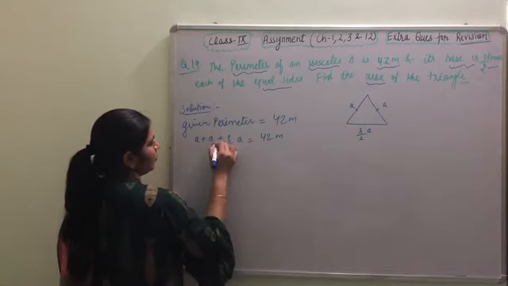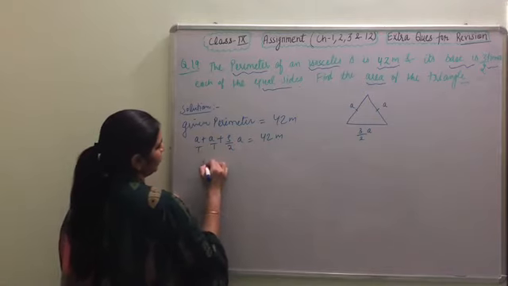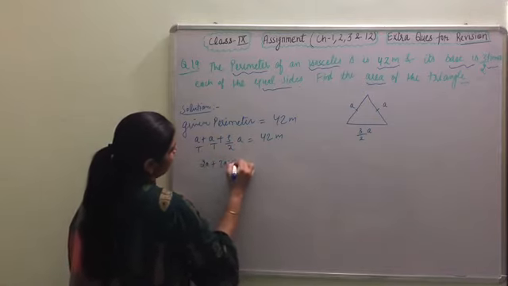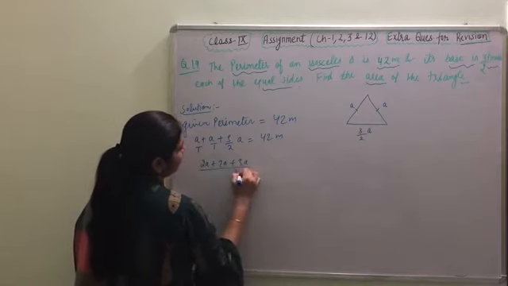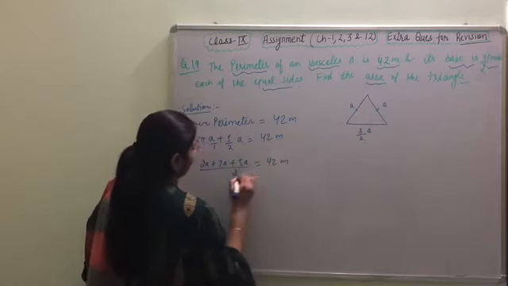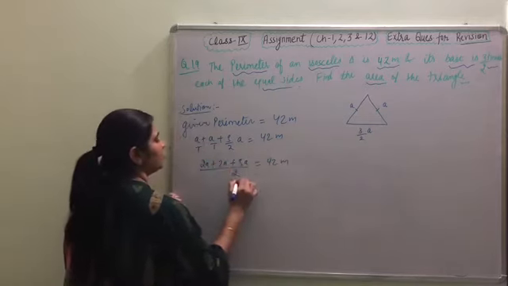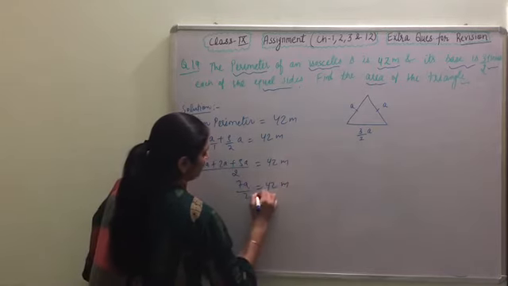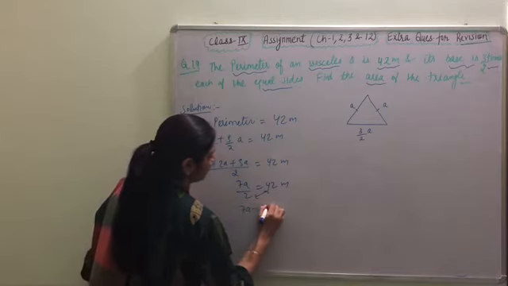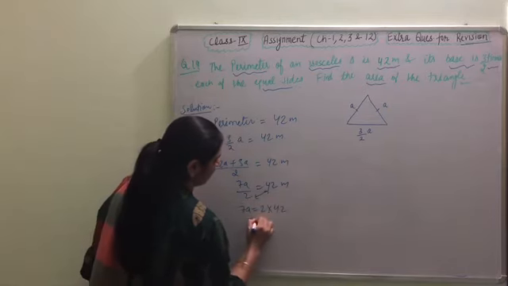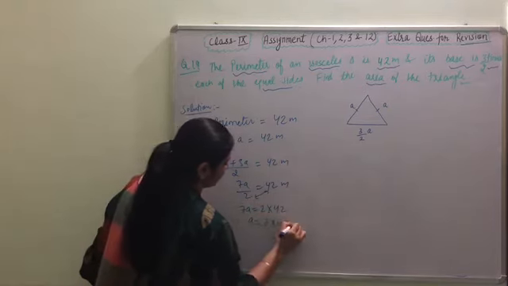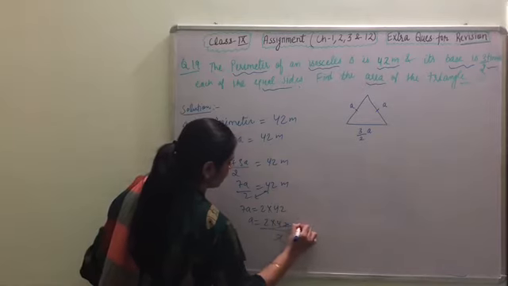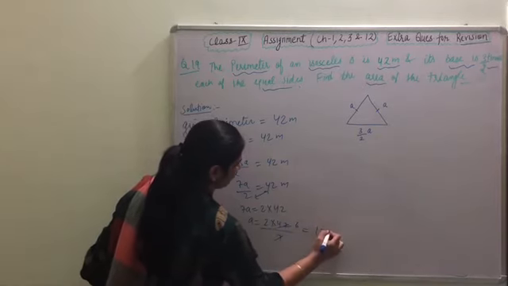According to the question, perimeter will be A plus A plus 3 by 2A is equal to 42 meter. We'll take 2 as LCM, 2A plus 2A and 3A divided by 2 is equal to 42. 7A by 2 is equal to 42. Cross multiply, 7A is equal to 2 into 42. A is equal to 2 into 42 by 7, 6 2s, A is equal to 12.